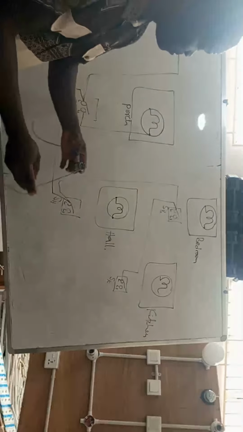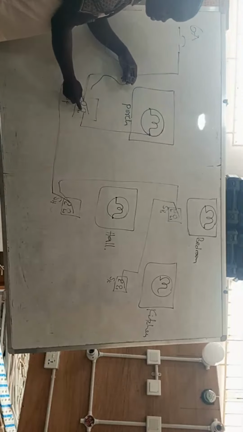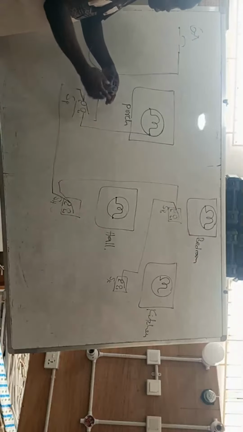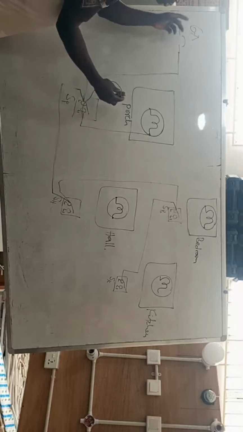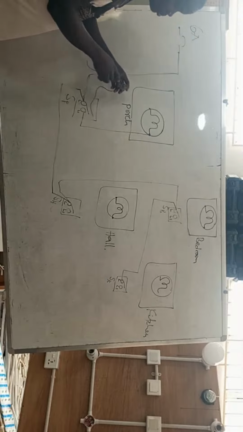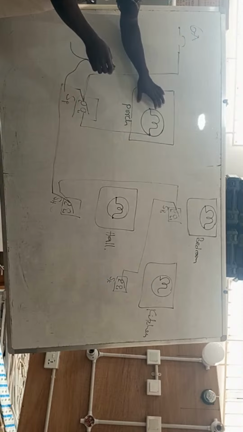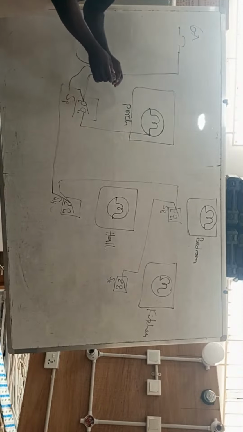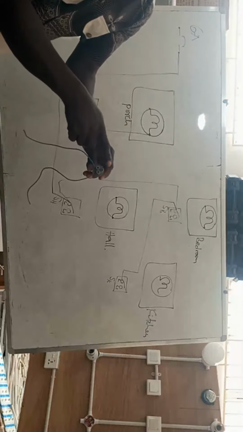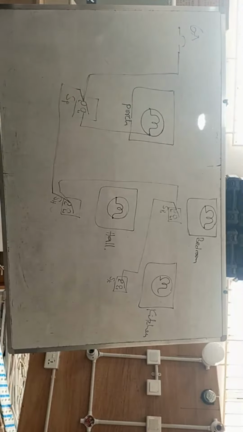So this terminal is what we have connected from here. That goes to the L1 of the switch. And then this is the neutral that will be going to the consumer unit. So if we have an earth wire that is coming to this lamp holder or to this lamp here, then we'll be connecting that earth wire to this third terminal. All right.